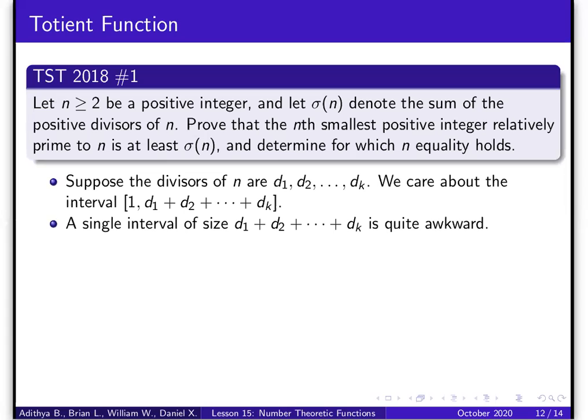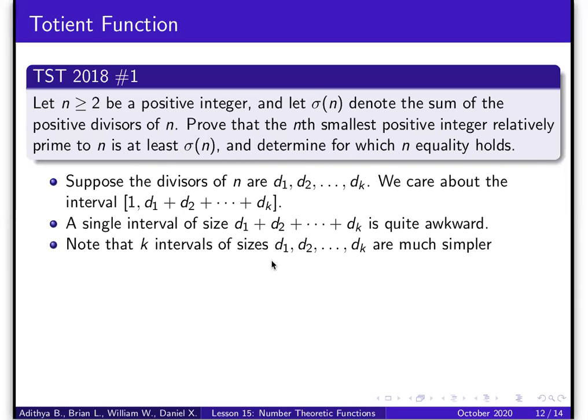Well, one thing we can do is just to split up the interval into k regions. So we're going to divide this interval, which has length d1 plus d2 all the way to dk, into k intervals. The first one's going to range from 1 to d1. The second one will range from d1 plus 1 to d1 plus d2.